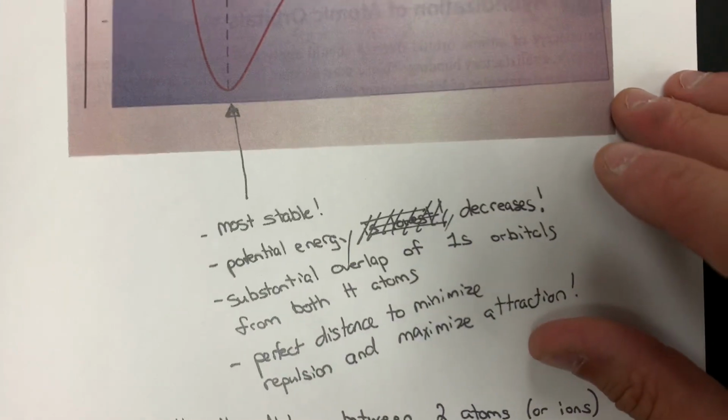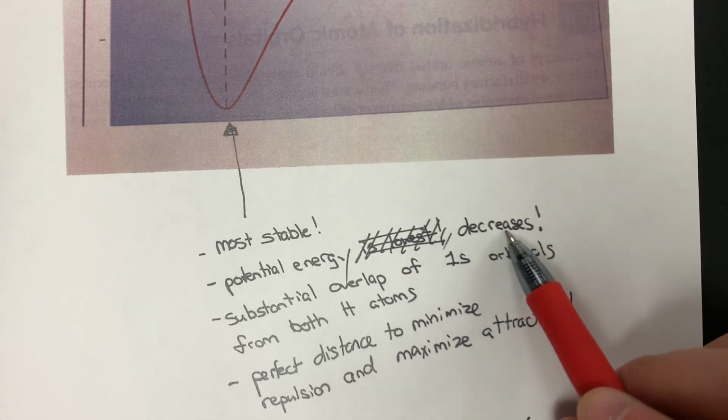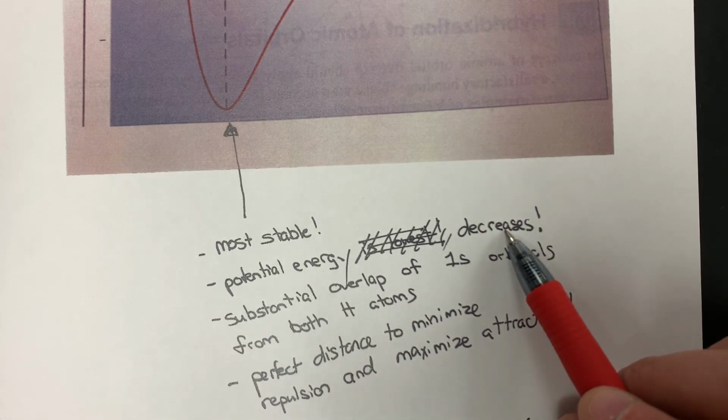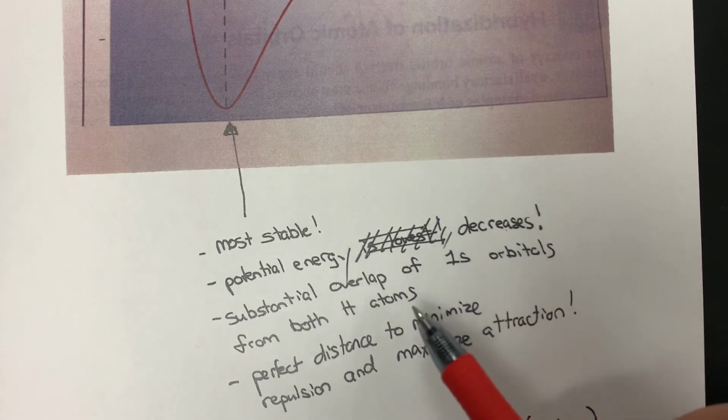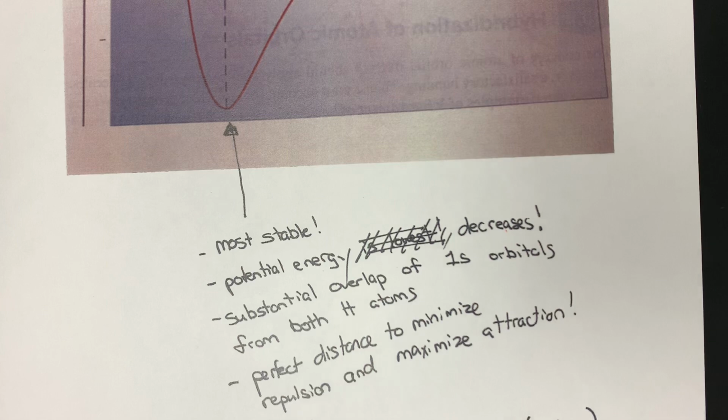This is where we find that these are going to be the most stable. The potential energy decreases. Again, the magnitude is increasing, but the value is technically decreasing, okay? Again, we have the substantial overlap, and this is representing the perfect distance where all repulsive forces are minimized, but all attractive forces are maximized.